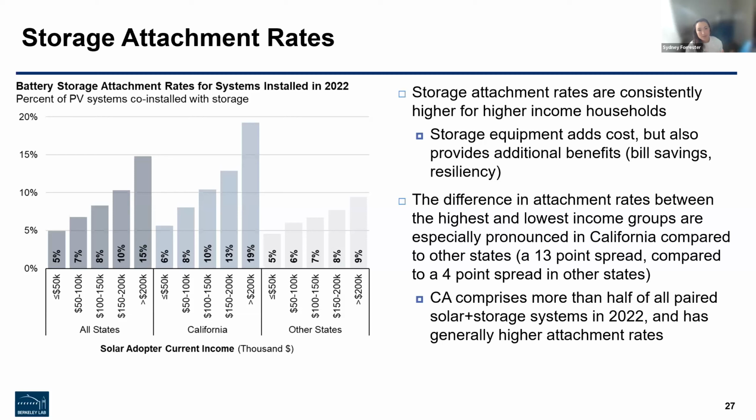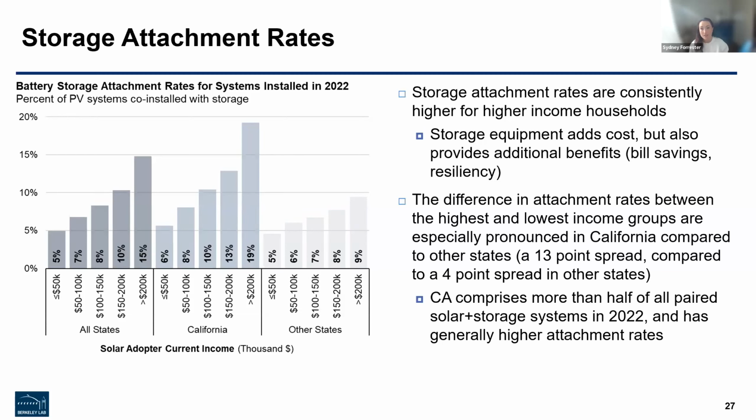So generally what you see is that there is a stair step, again, going upwards between the lowest and the highest income group, where the highest income group across all states actually have attachment rates triple that of the lowest income group.